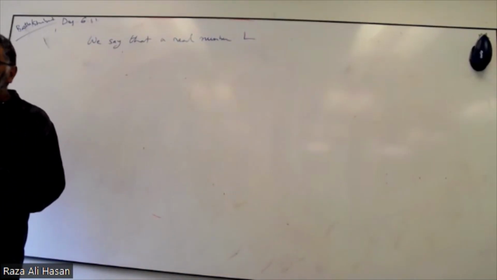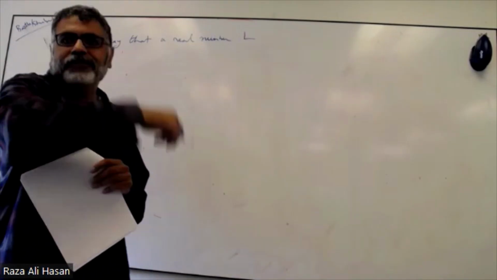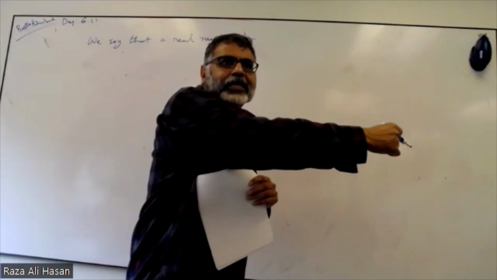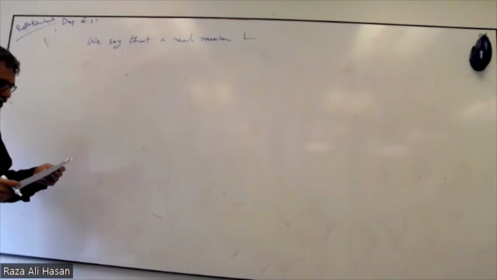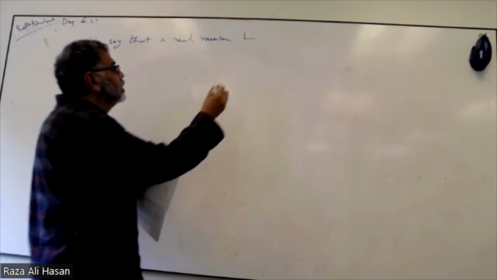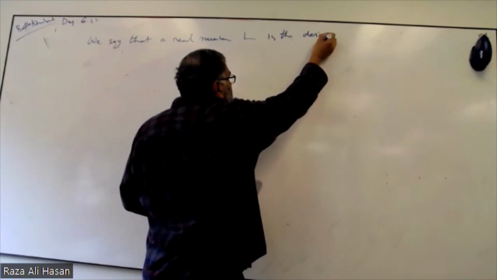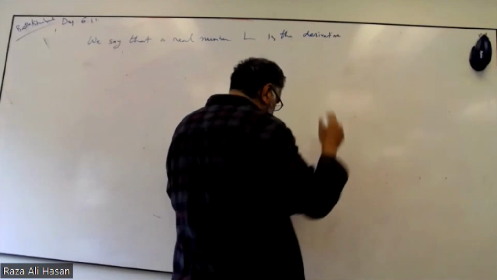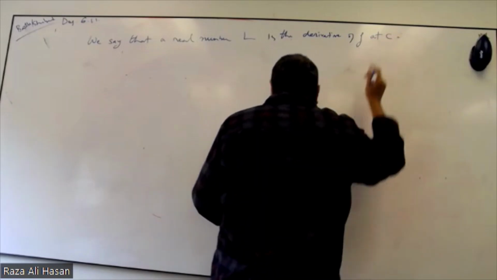Limit. The derivative is the limit of the difference quotient, and we're on derivatives today. Yes, I know, because I was going to do the other stuff and I'm like, nah. Okay, so L is the derivative of f at c.